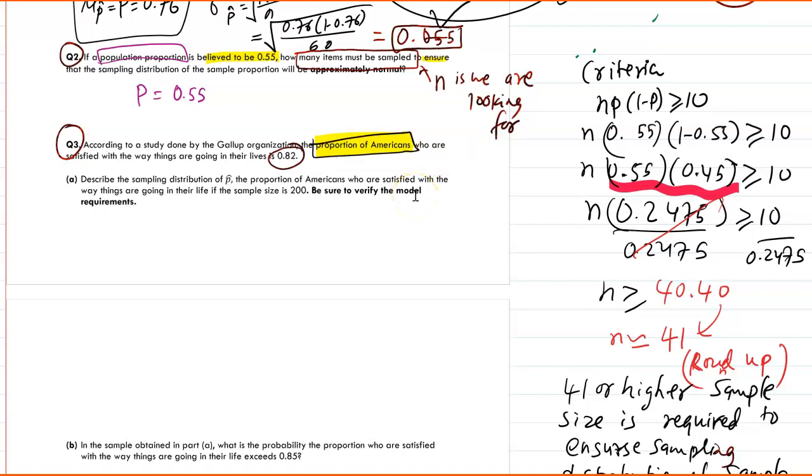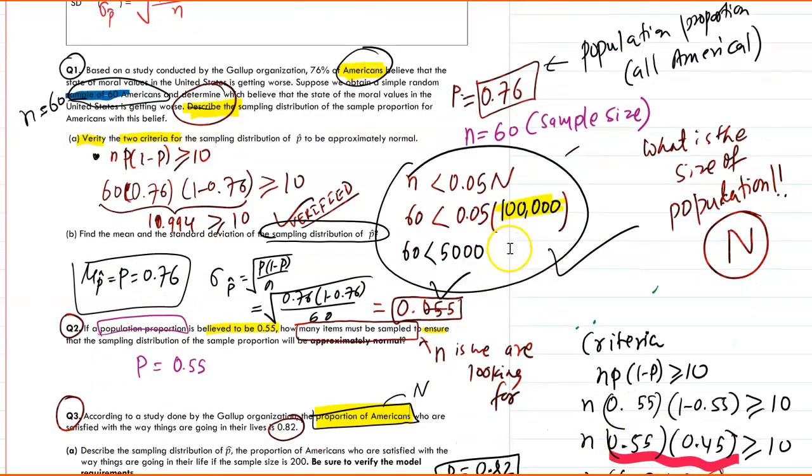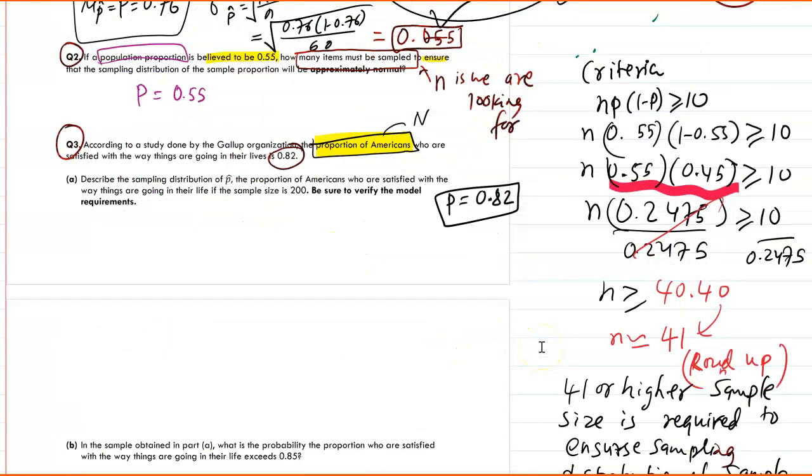That means p here is 0.82, and we don't know what N is here, but again N must be more than 100,000, as mentioned in the previous question. Most of the time, think of a very large population. Does that make sense?